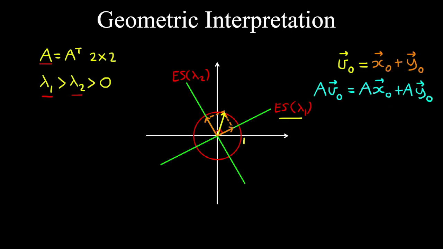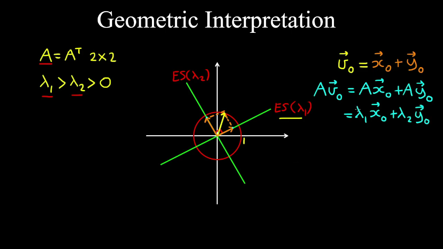So A multiplied by x0, being this projected vector in the eigenspace corresponding to lambda 1, is the same as lambda 1 times x0, and A multiplied by y0 is lambda 2 times y0.